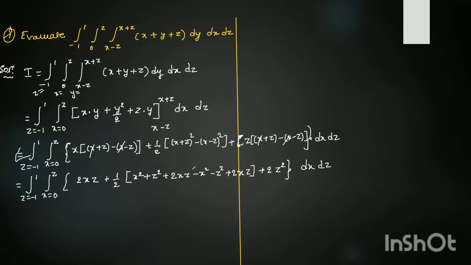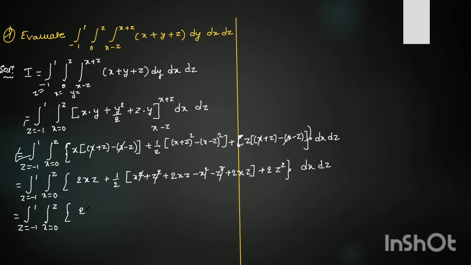So what terms are getting cancelled in this term? X square, z square. Yes, x square, z square, x square. What is remaining? 4xz. So this is equal to z equal to -1 to 1, x is equal to 0 to z.